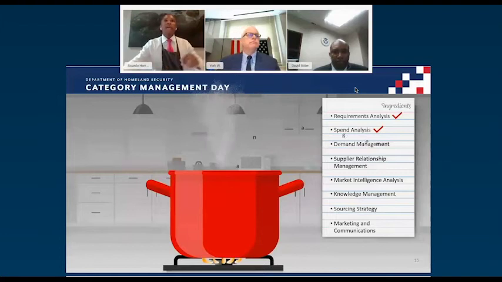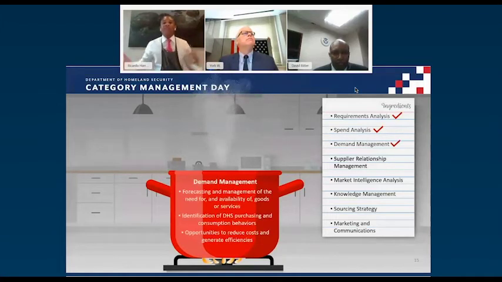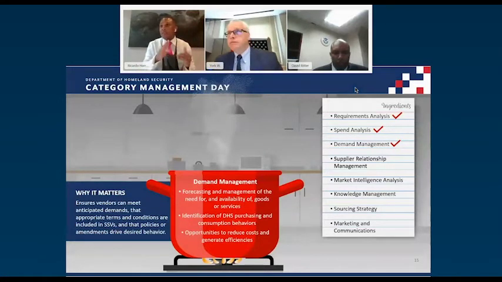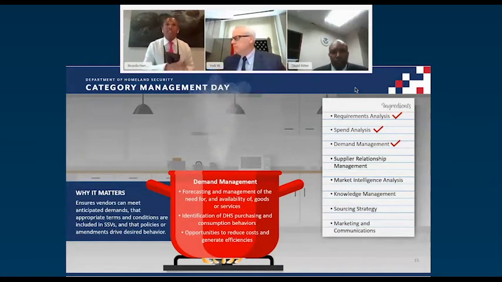Demand management is sometimes very complicated for even myself to fully understand or articulate, but it is the forecasting, planning and management of the need for and availability of goods or services. It includes identification of DHS's purchasing and consumption behaviors to ensure adequate supply to meet demand and opportunities to reduce costs and generate efficiencies.